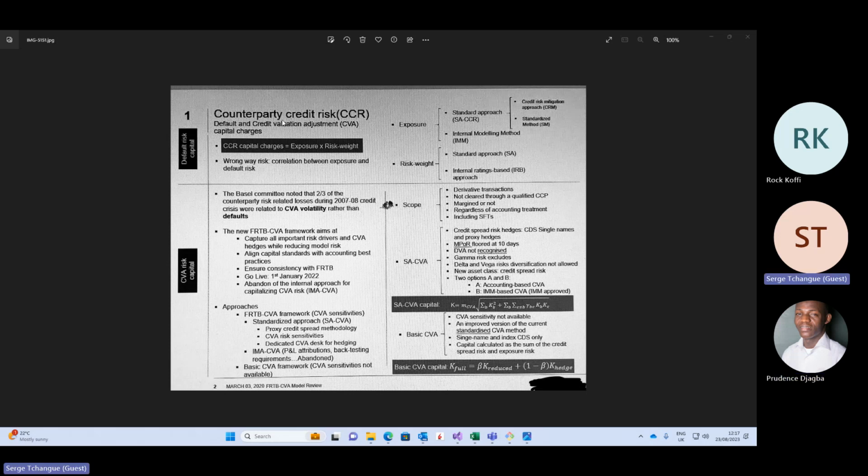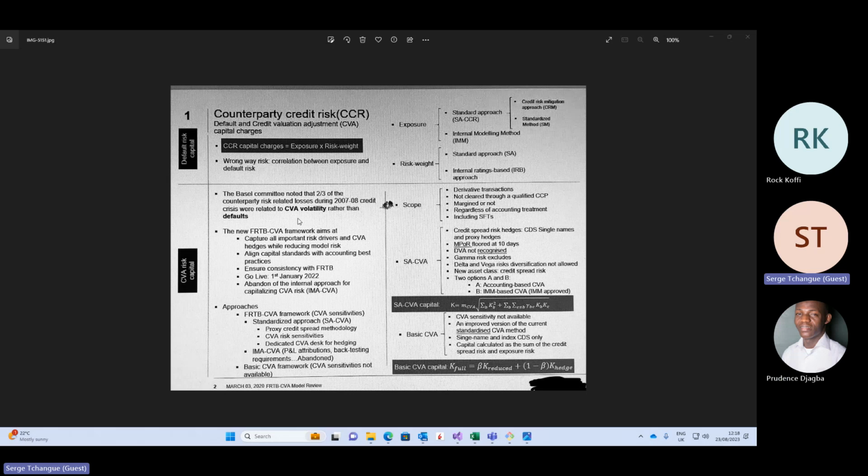So the capital for the default and the CVA capital charge. And then, actually, forget what I just said about the credit. This is the default risk capital. This is CVA risk capital. They are both counterparty risk capital. This has nothing to do with the credit risk capital. Sorry, my mistake.